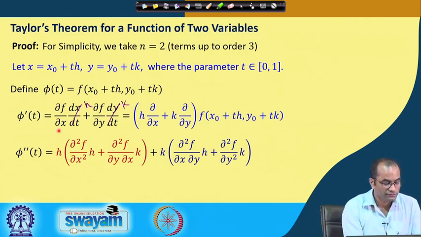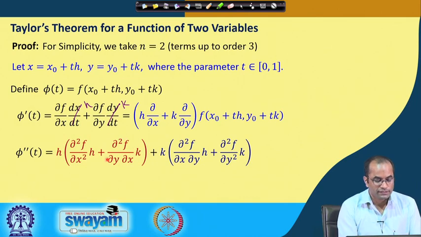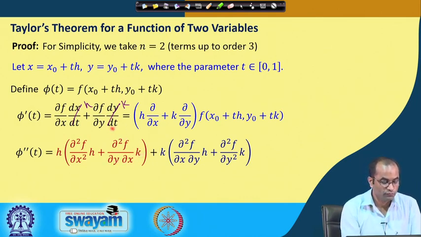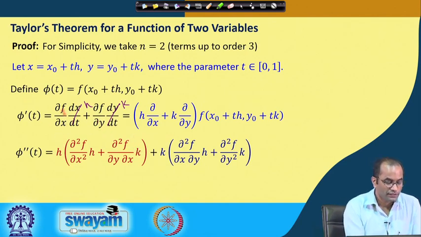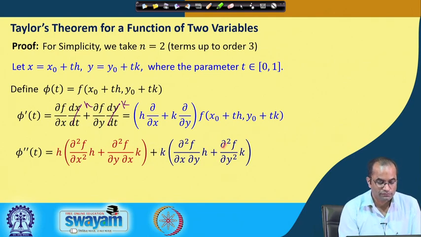So, the partial derivative of this with respect to x again, the double derivative, and here again dx over dt will come, which is h, plus the partial derivative of f with respect to y. It was already with respect to x, so we have the second order partial derivative with respect to y and x, and then this k will come because we have dy over dt again. So, we have used the chain rule again from del f over del x, and similarly for del f over del y, which is the term given here.